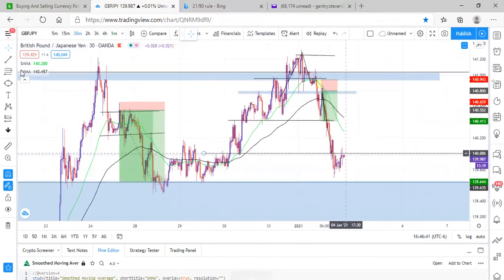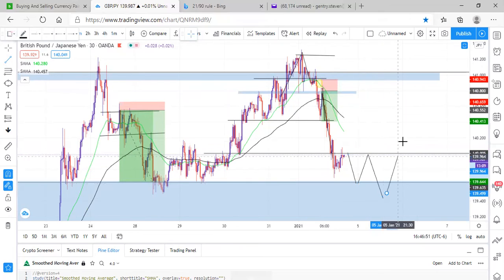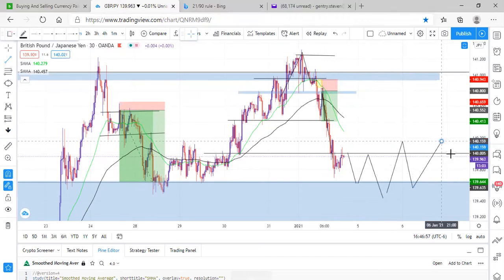So that's exactly what I'm gonna do in this area. I'm gonna let price play around in this area to show me how far I want to go down, how far I want to come up. Once it does its three-legged move and breakout, then I'm gonna get in.